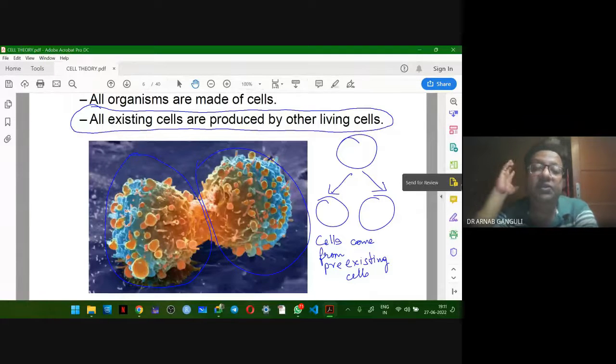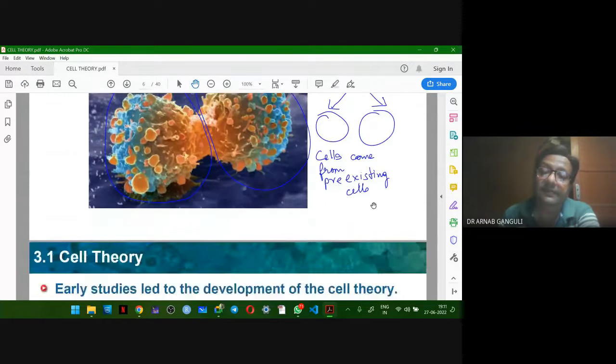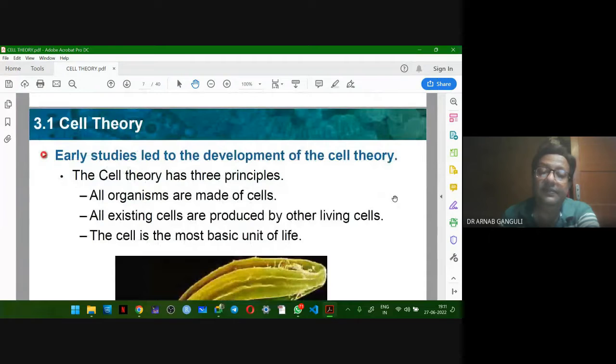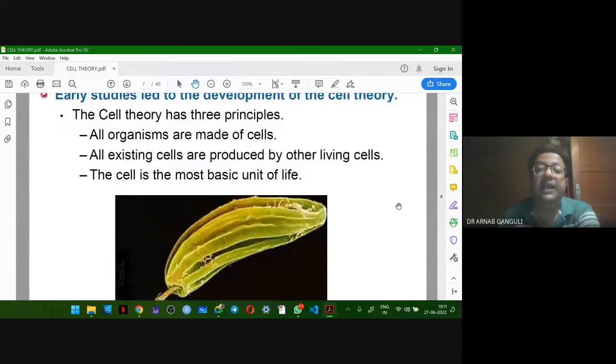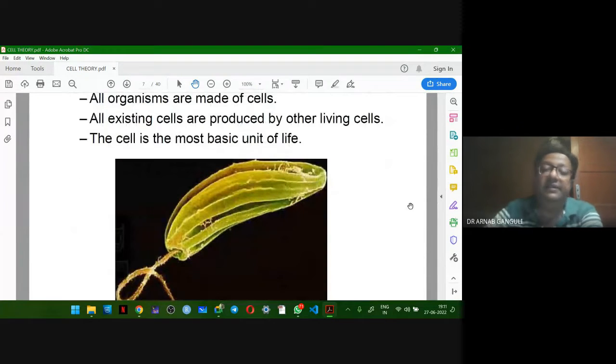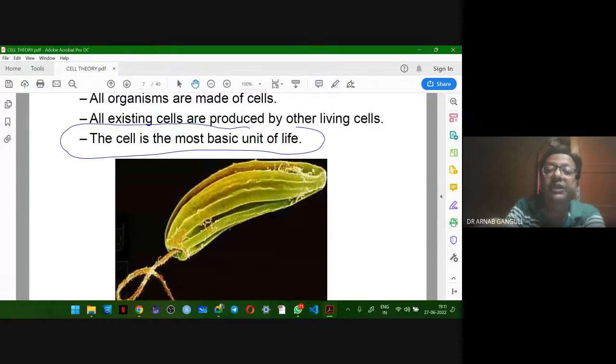First one is all life is made up of cells. There is no living organism which does not have cells. And the third and most important principle is that the cell is the most basic unit of life.